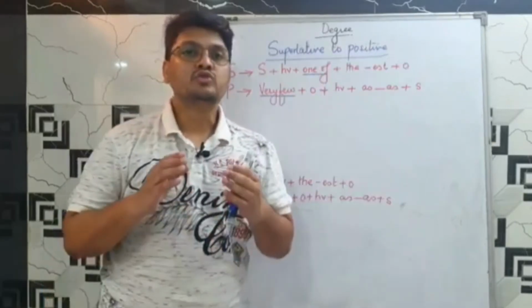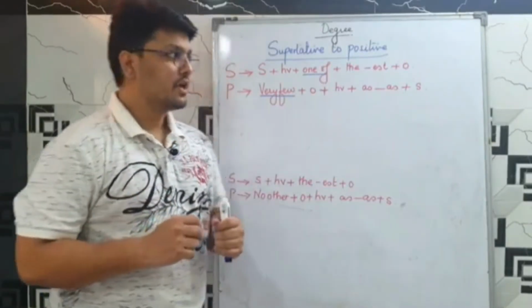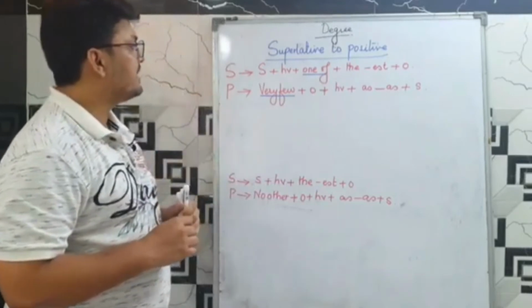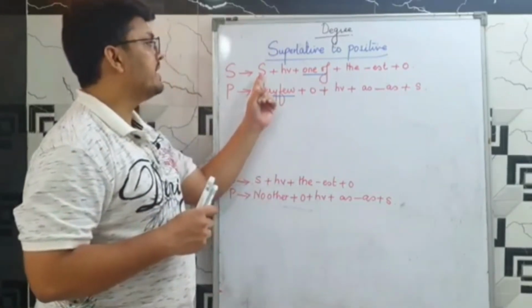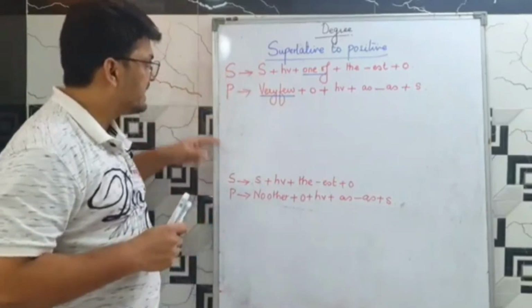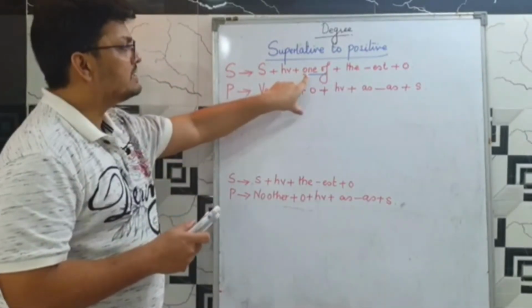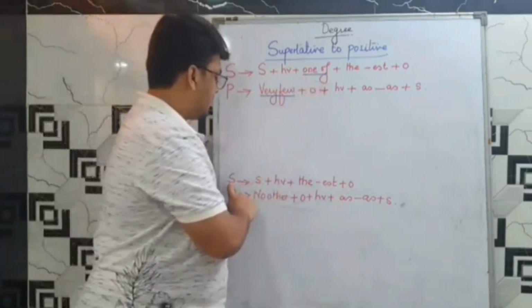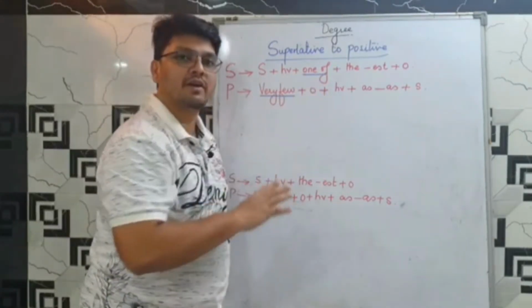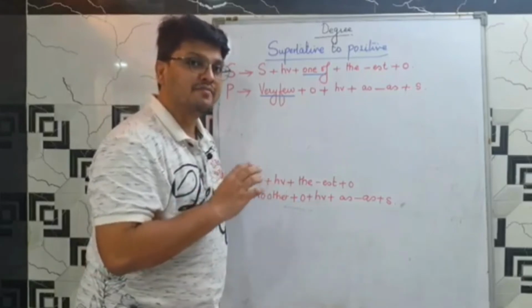Now we will do superlative to positive. You can see, students, I have written the structure of the superlative degree. Here we have two types of superlative degree: in the first type you will see one of, and in the second type you will not see one of. So here also we have a rule.